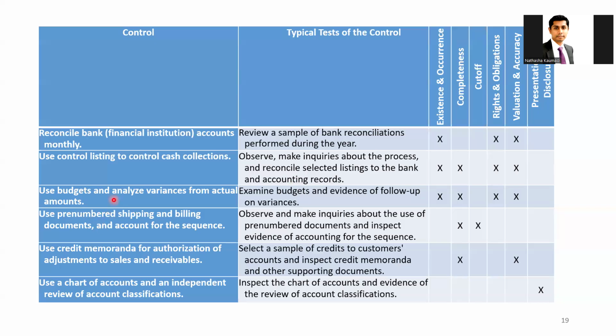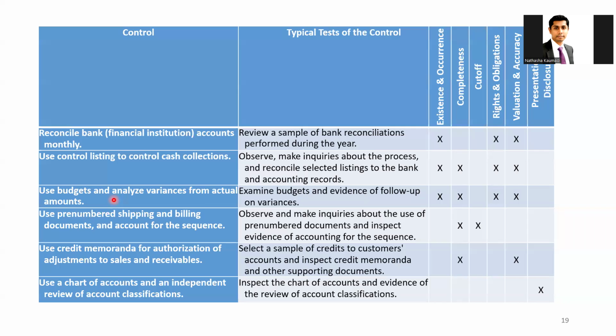And then use budgets and analyze variances from actual amounts. If the customer, your client, is preparing budgets, your client can prepare variance analysis. So I told you, you can take the budgeted numbers into one column and then actual numbers in another column. Now you are trying to compare budget figure versus actual figure.